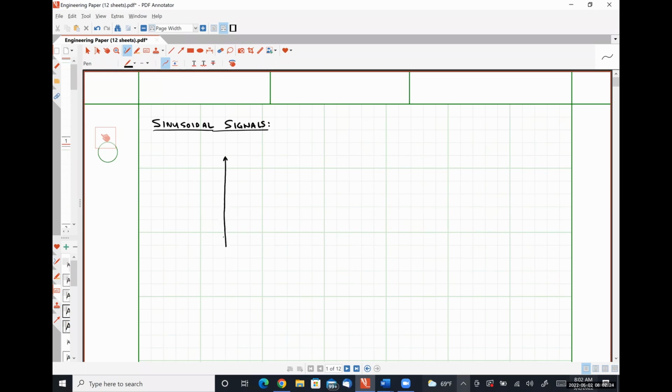I'm going to do my best to draw a picture of a sinusoidal waveform. And just for the sake of argument, let's call this waveform a voltage.